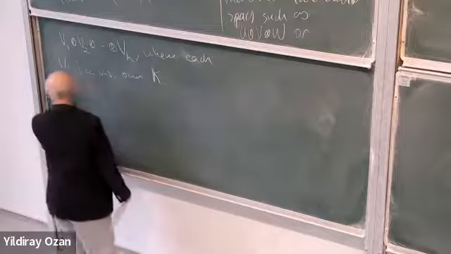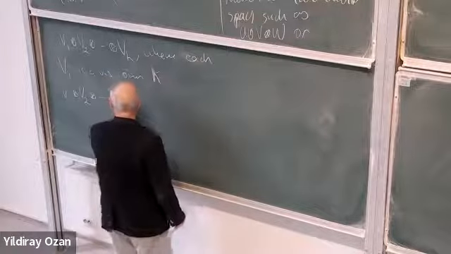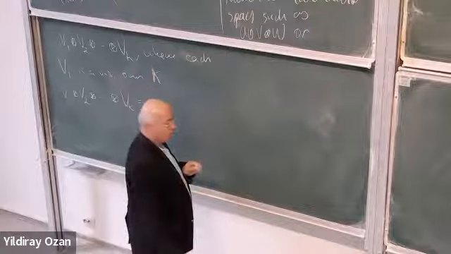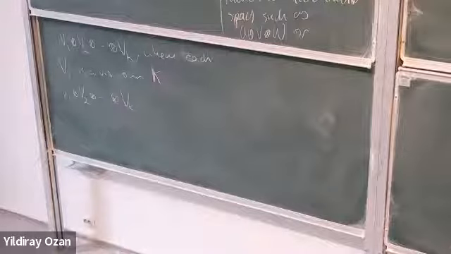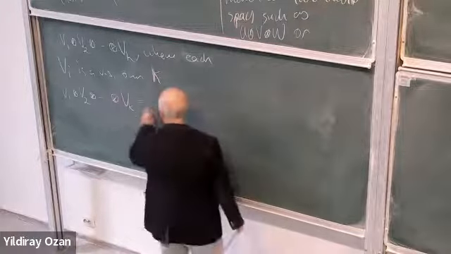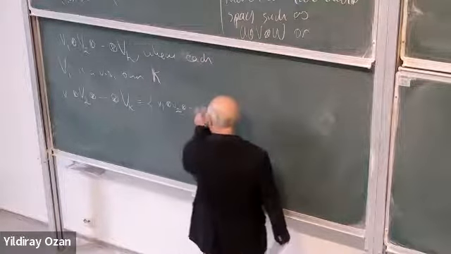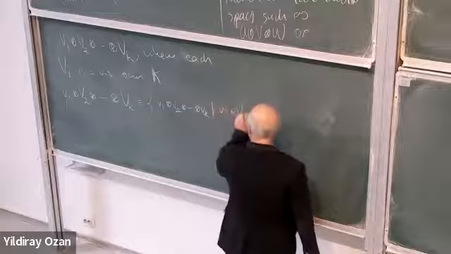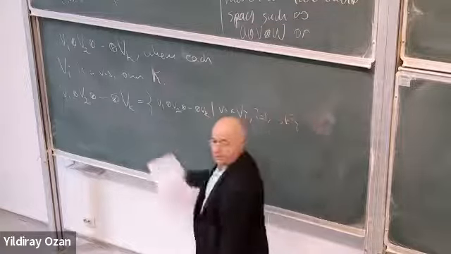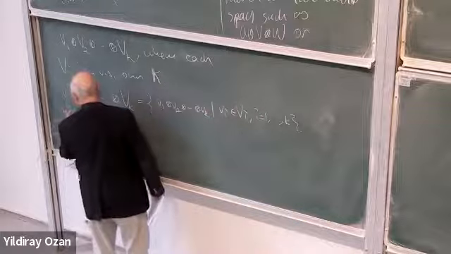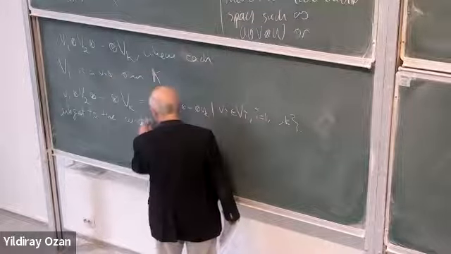So this gadget is the set of objects like V1 tensor V2 tensor V3, where each vi is in Vi, for i from 1 up to 3, subject to the conditions or properties.